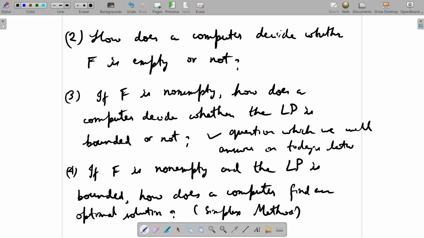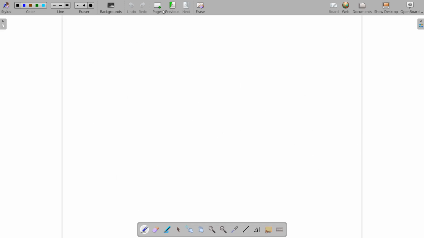I had phrased that theorem in the previous lecture towards the very end, but here I want to phrase a major chunk of this course as 4 questions, and today's lecture will finally answer question number 3. How can we algorithmically decide whether the LP is bounded or not? We will actually say something more than that, but this will be a corollary of the result we'll be proving. Let me state it.